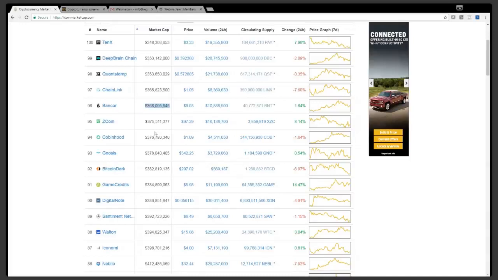For instance, Coben is a pretty good one. I know Jamie Foxx is probably feeling really good right now about his investment, as he invested in Coben and co-signed it. Coben is down 1.64%, but it has really been on a nice tear. In the last week or so it's been up 100%.